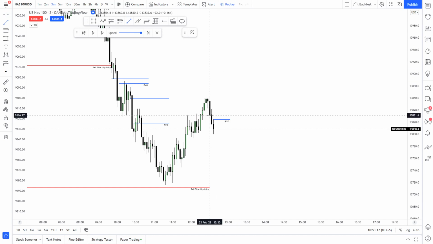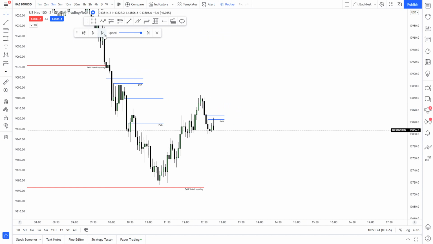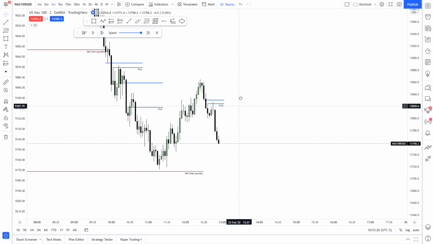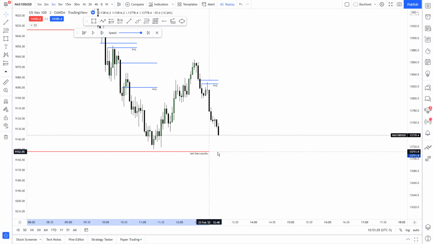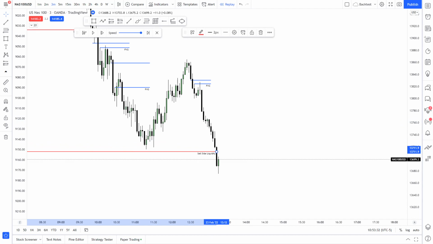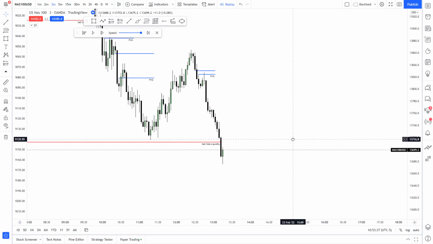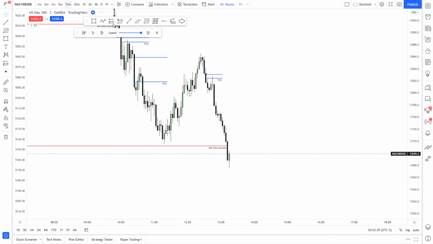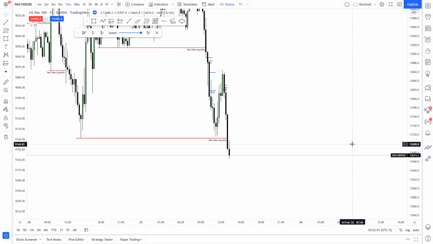See if it gives it to us right here. Now we should just see it run away and take out this sell side liquidity. So on Wednesday it came and took out that liquidity, and we'll be done for the day.